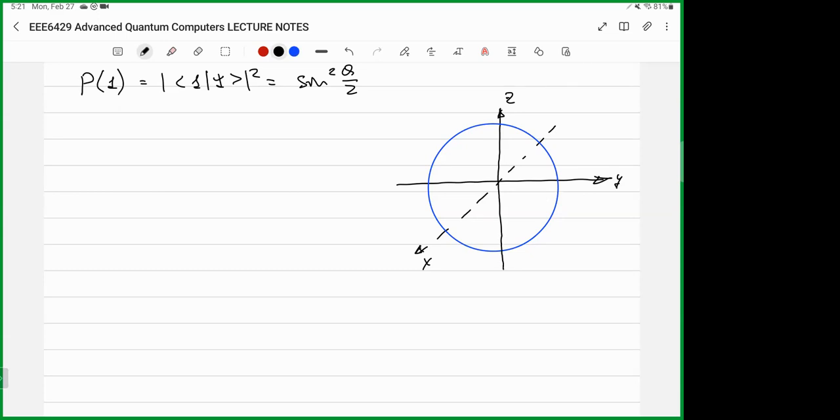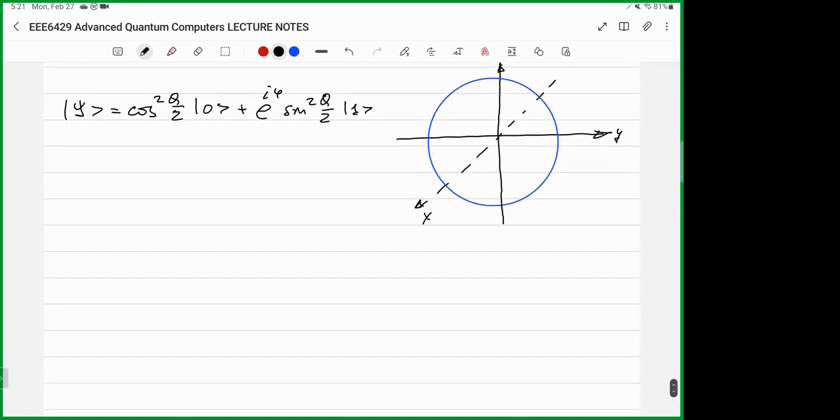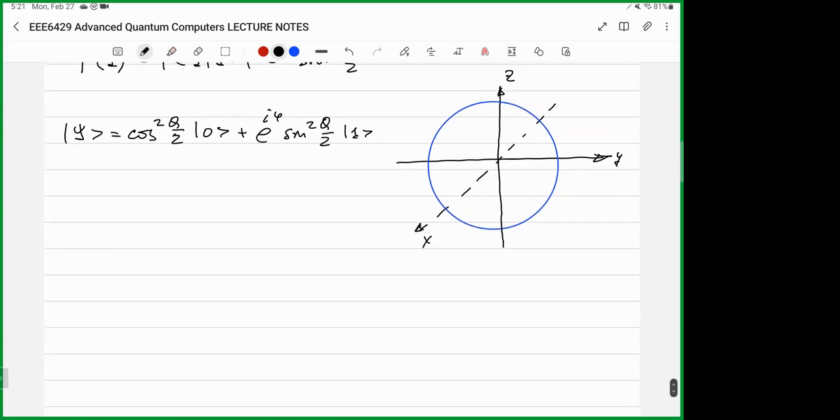And the general state of the qubit, let's write this again, it is cosine theta over 2 the 0 state plus e to the power of i phi sine theta over 2 state 1. Right. So let's first find where is the 0 state.